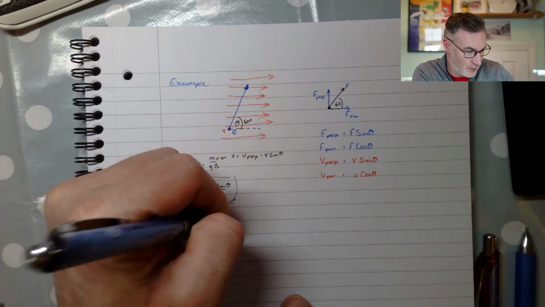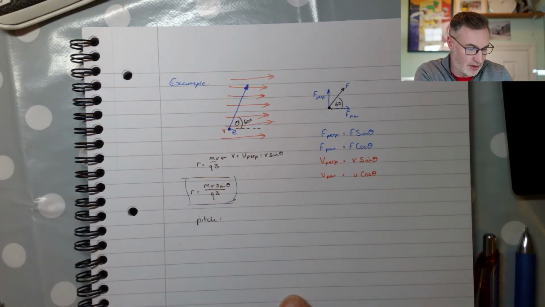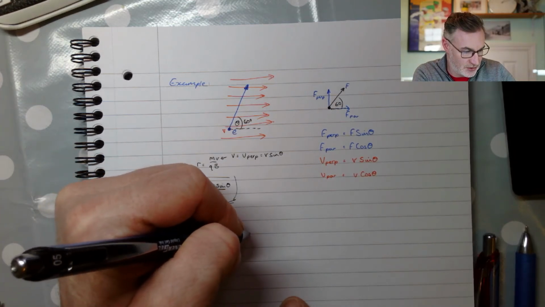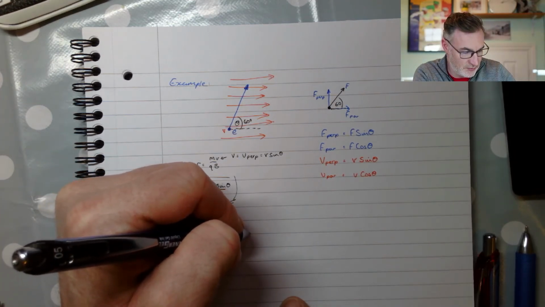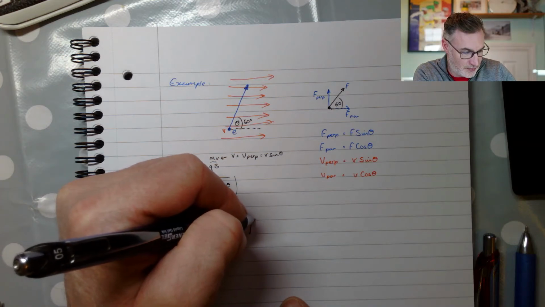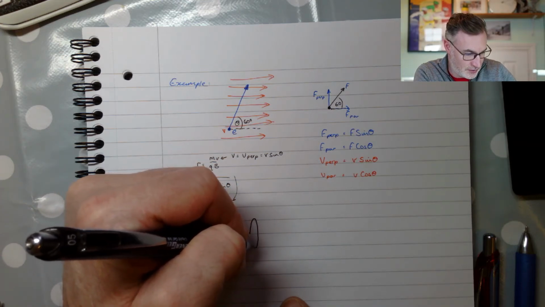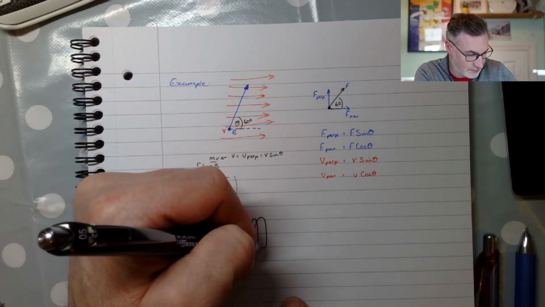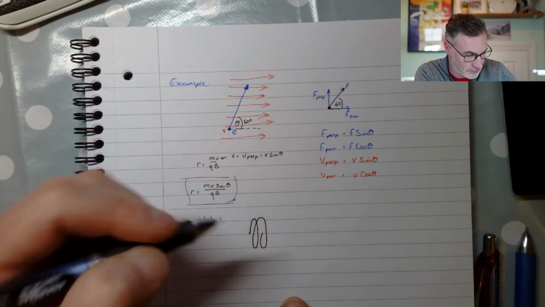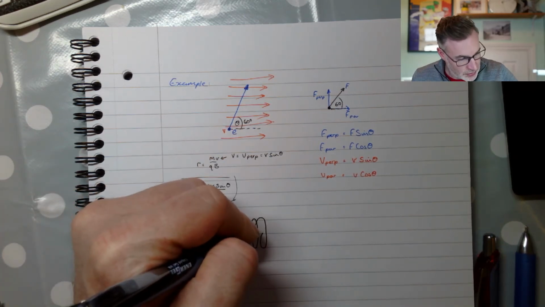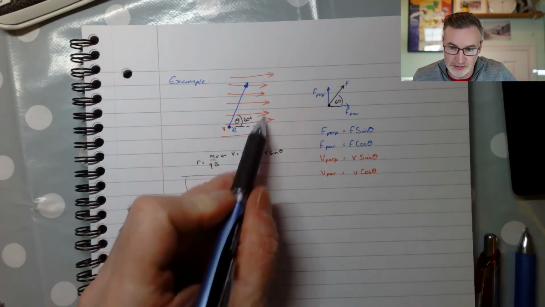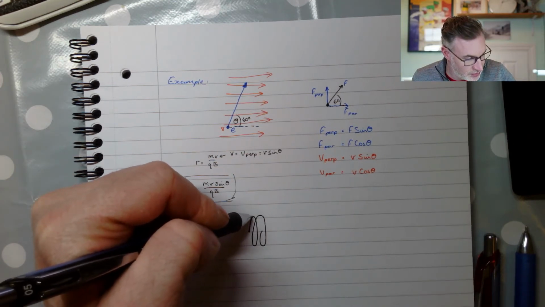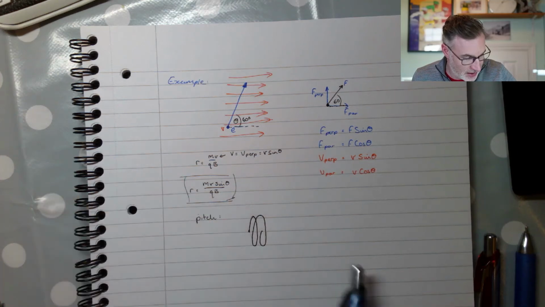And to work out the pitch, we need to know a couple of things. So let's see if I can try and draw this now. It's going to move up and around like this. So one full circle for this, it goes from here up and down and around, and it gets to that point there.